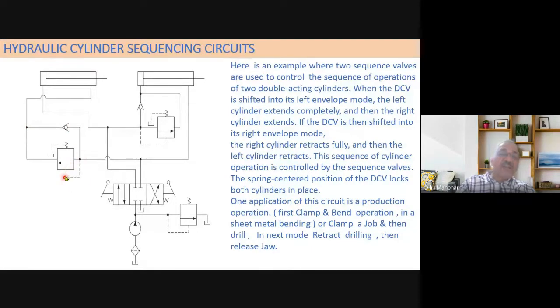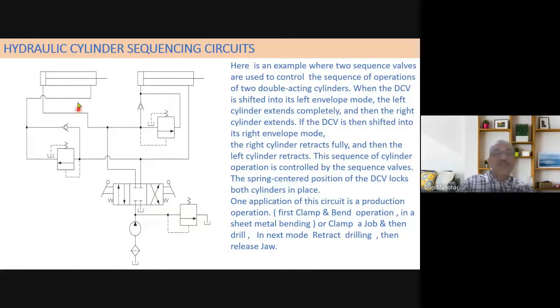This sequence valve gets actuated because of the pilot signal here, so the pilot signal is fully connected. Wait a minute. This is the pilot signal going here. It is going to the return cycle. Okay, this is connected here and it is going to the tank.